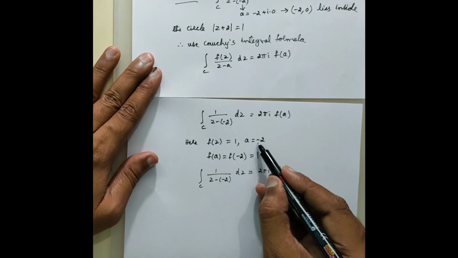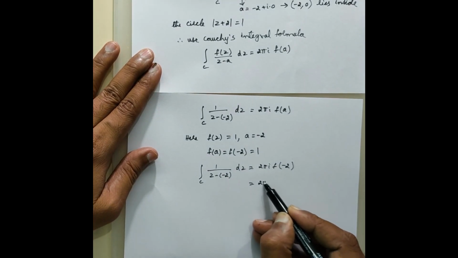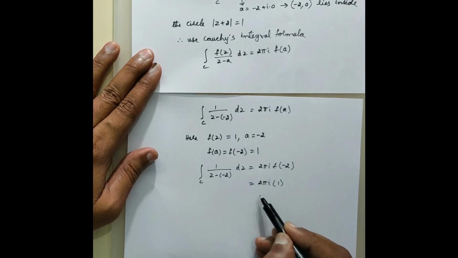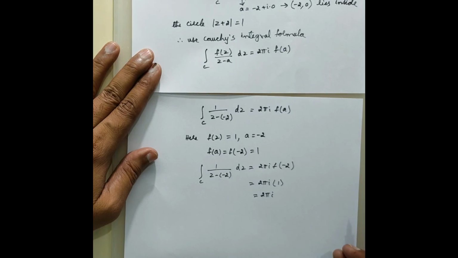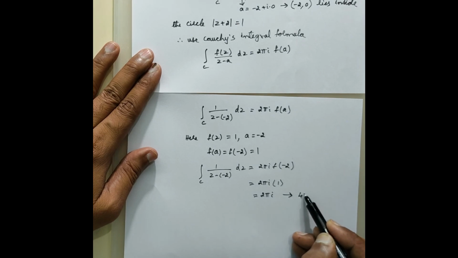The value of f of minus 2 we have got as 1. So 2 pi i into 1 will be 2 pi i. That's the value of the integral. So let us take that as equation number 4.